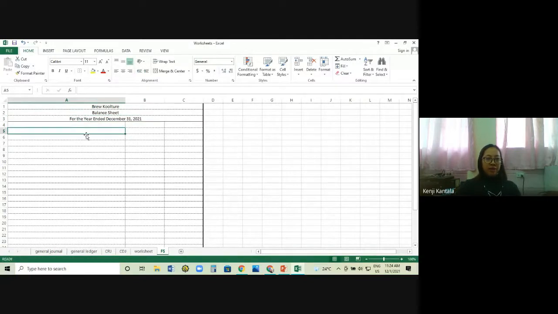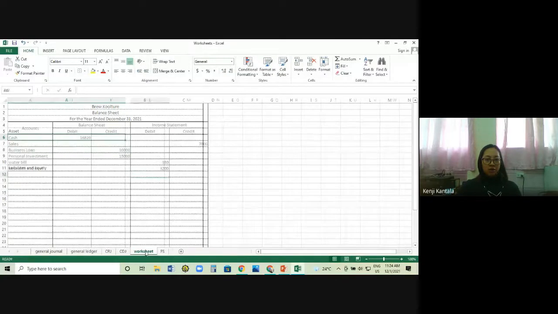Okay, so sa balance sheet natin, as always, ano ang unang nag-appear? That is your asset. And then, ang sunod dyan is your liabilities and equity.